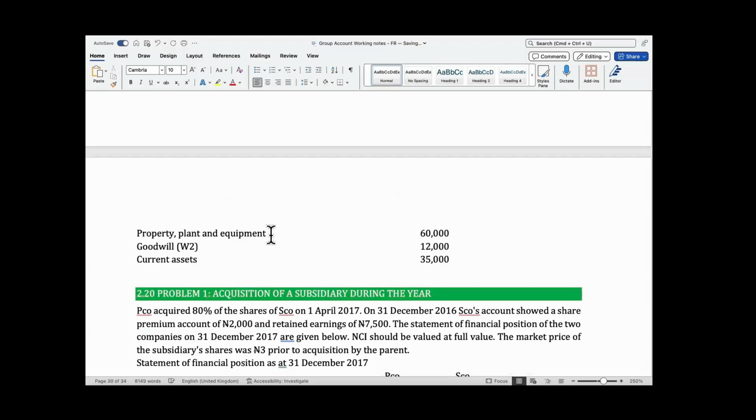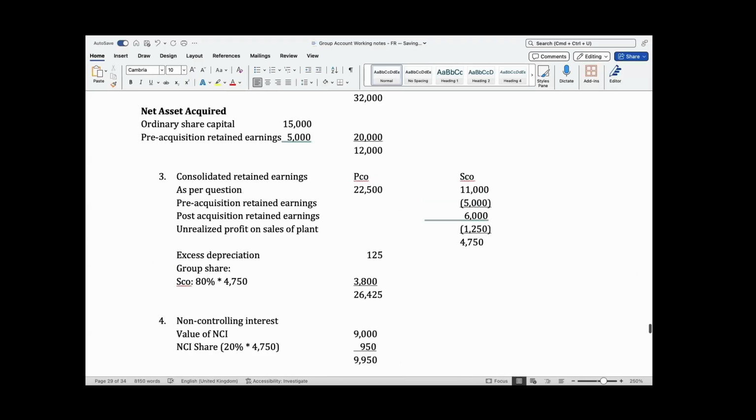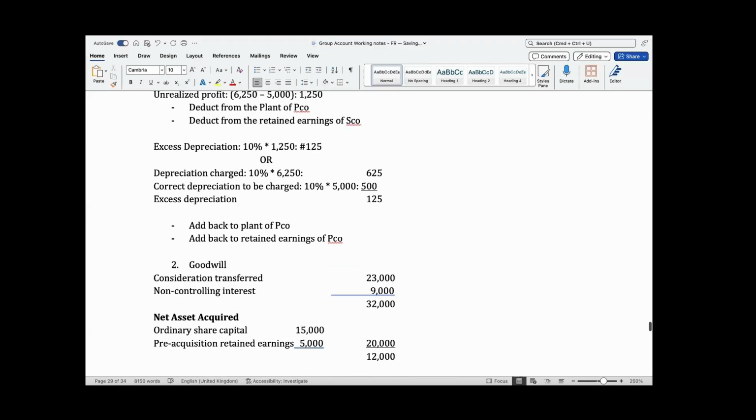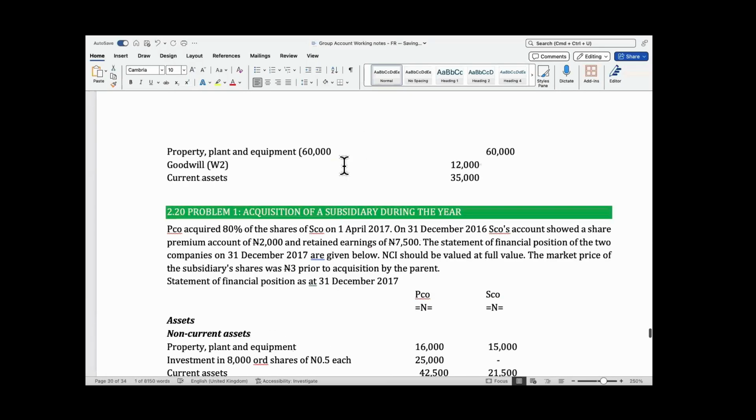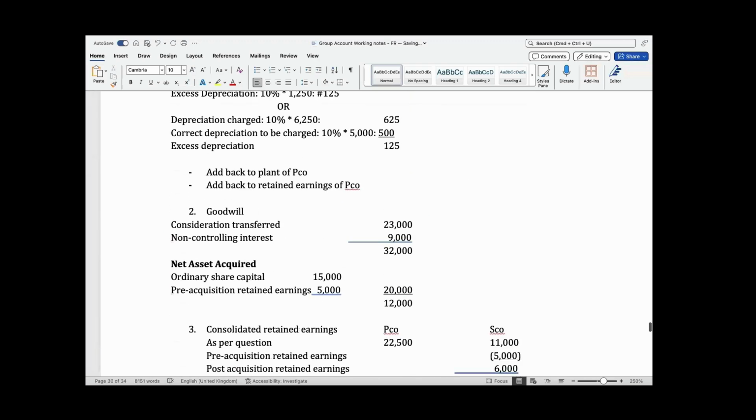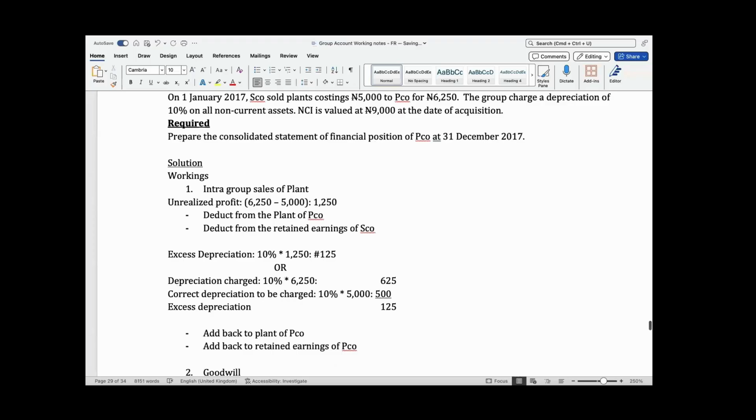Now here, don't forget this 60,000. You made some adjustment to plants. Number one, we deducted this profit from plants, which is 1,250. So minus 1,250 from working 1.